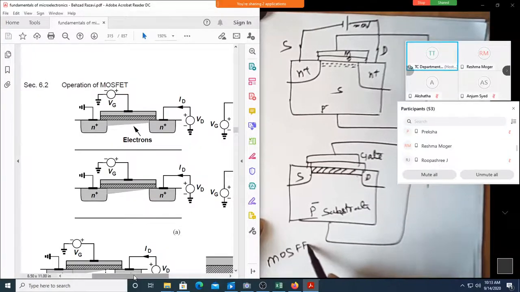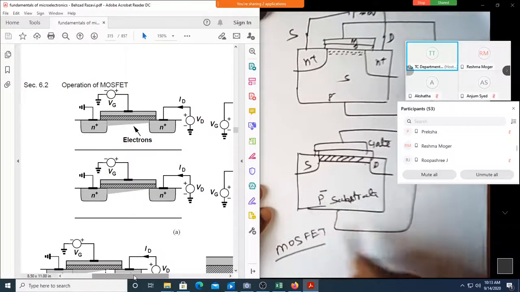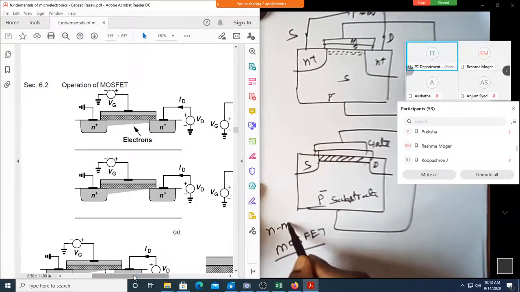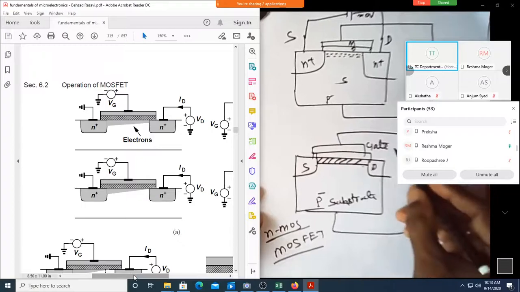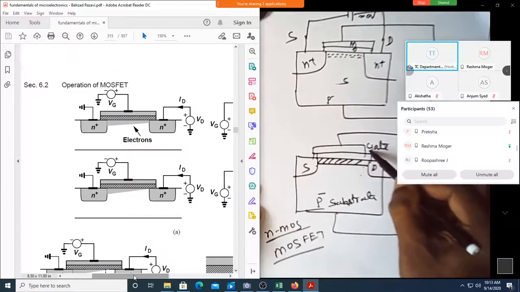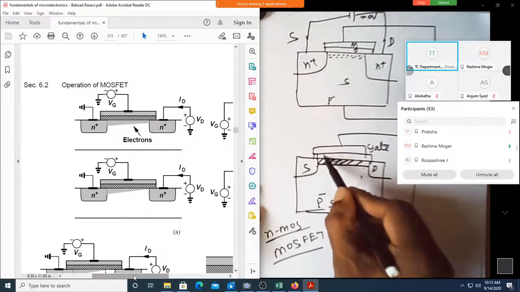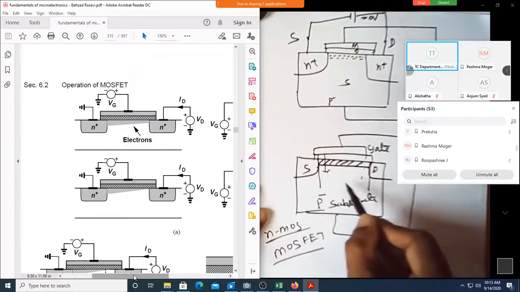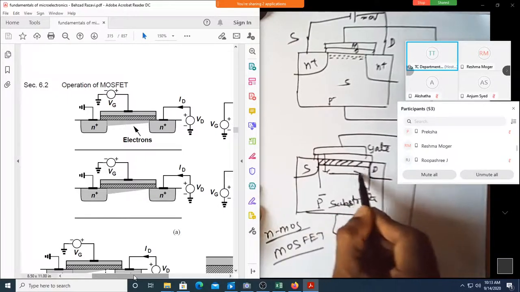So MOSFET structures are built on a substrate. That substrate is P minus for NMOS. So we call this a substrate. We will say there is a voltage between gate and substrate. Gate to substrate voltage is constant from this end of the channel to this end whenever there is no current flowing here.